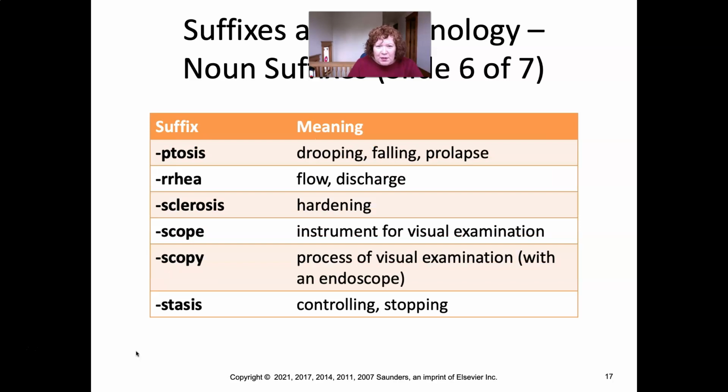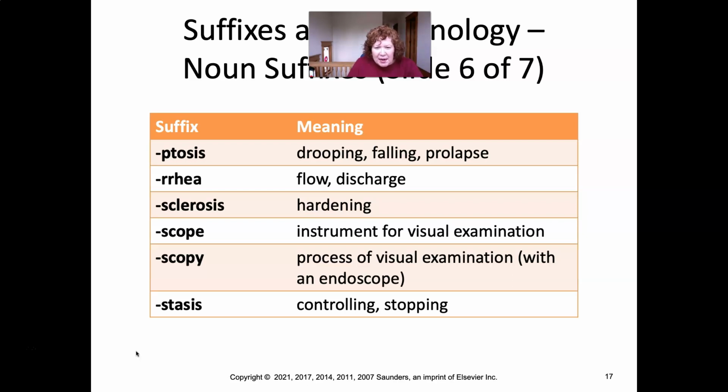Ptosis. When you have P in front of a T, you don't pronounce the P, you just pronounce the T, so this is ptosis. Rhea, watch out for that RRH. Anything that has rhea in it is going to be RRHEA. Sclerosis, that's SCL, no H in there, SCL.